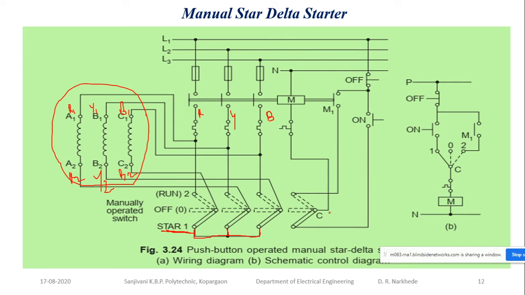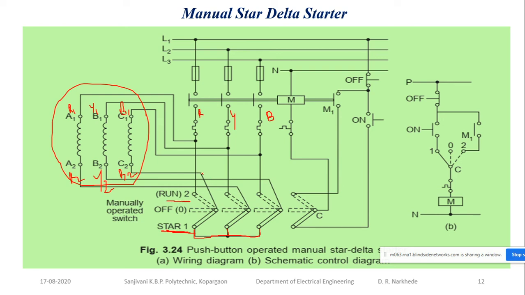When my machine reaches a speed of up to 80% of the rated speed, then I have to switch to the delta connection. For switching to delta, I need to manually toggle the switch to the run position, that is position number 2.